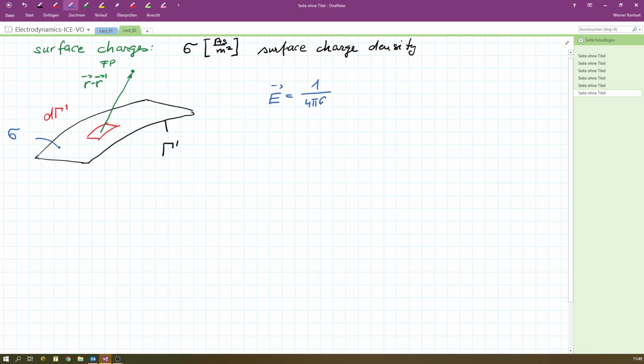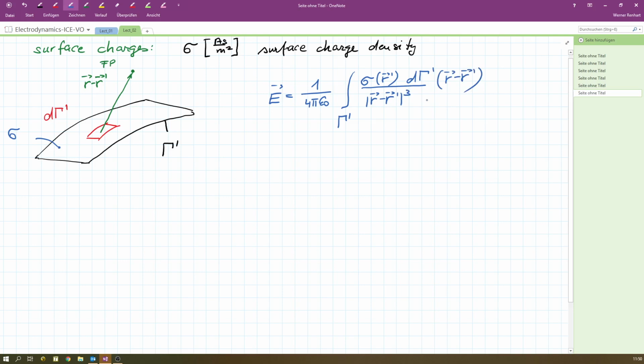We have to evaluate the form to find the electric field for this case as 1 over 4 pi epsilon 0 times the integral, again a summation of all charges contained in the surface gamma prime, of the given surface charge density depending on the source vector times d gamma prime over the separation vector, always the same, r minus r prime cubed times r minus r prime as a vector.